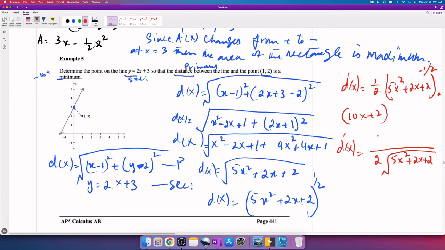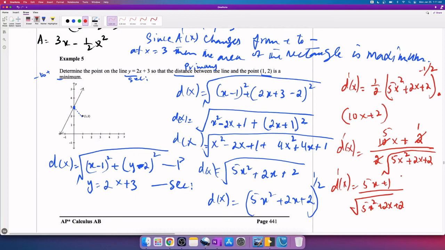And I'm left with 10x plus 2. So I got that. Now what else can I do here? Make d prime x simpler. I can simplify 2 times 5, and I can simplify 2 times 1. So I'm getting 5x plus 1 over the square root of 5x squared plus 2x plus 2.